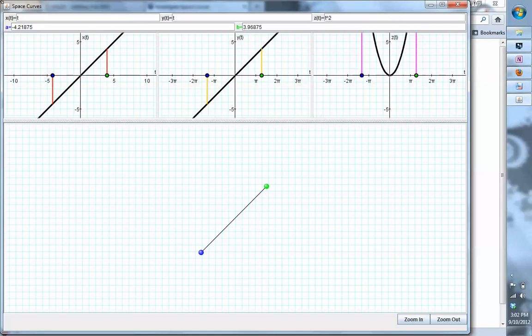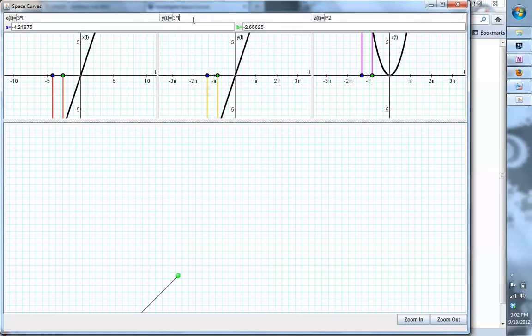What happens if I change this to say 3t, 3t, and 9t? And let me zoom out a little bit.